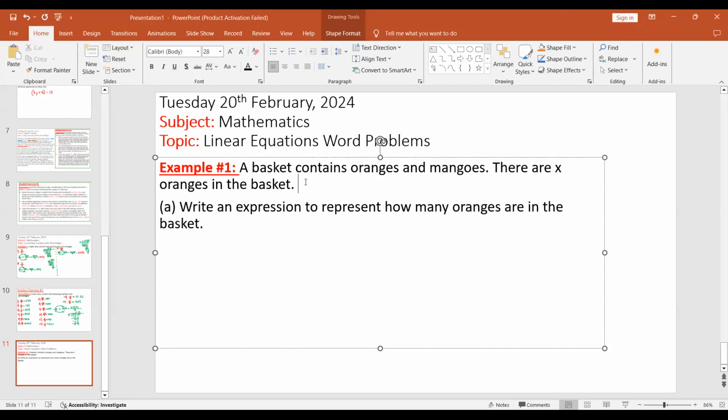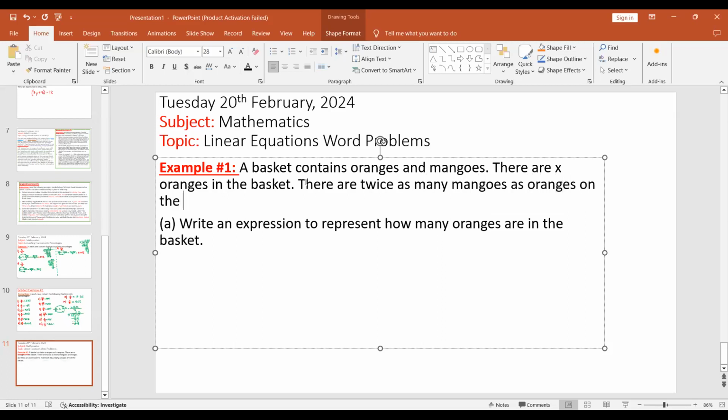There are twice as many mangoes as oranges in the basket. Okay, so insert that part there.